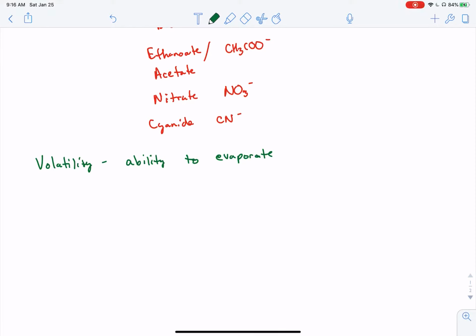And so things like gasoline, acetone, those evaporate very quickly. They're very volatile. Now, it happens that when they evaporate, they become flammable and they combust, and that's what's dangerous. But the volatility itself doesn't have to do with how flammable or combustible it is.